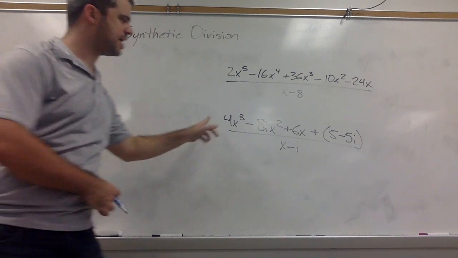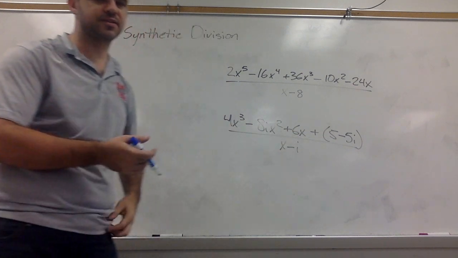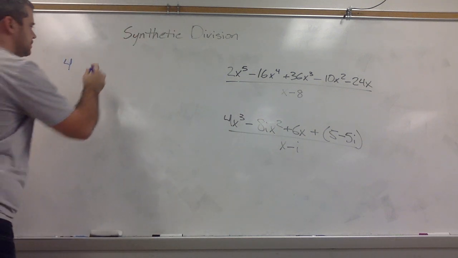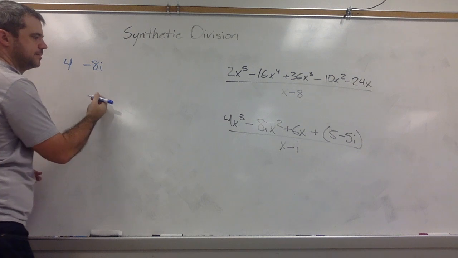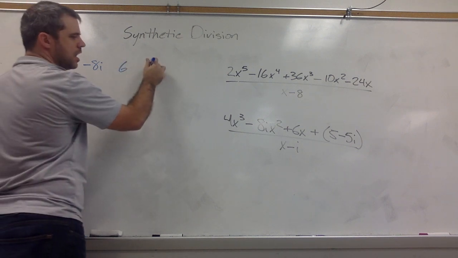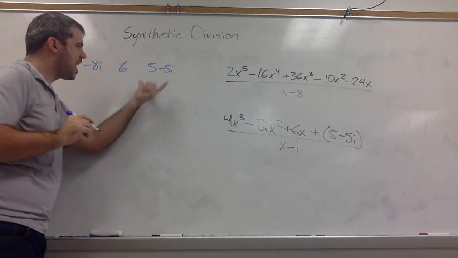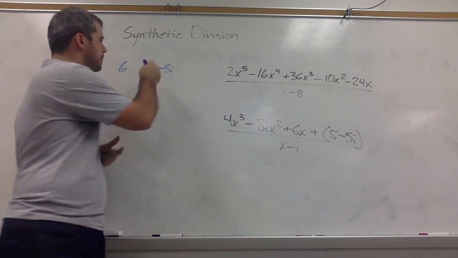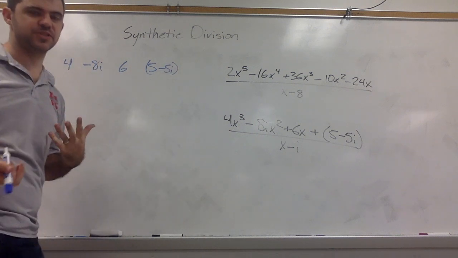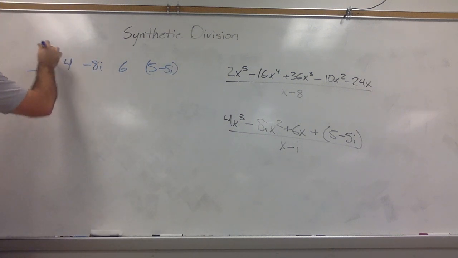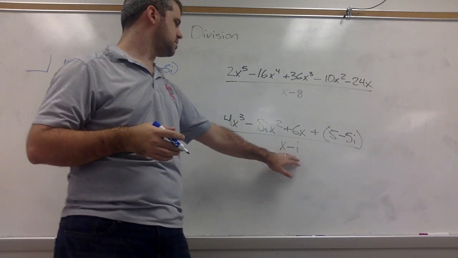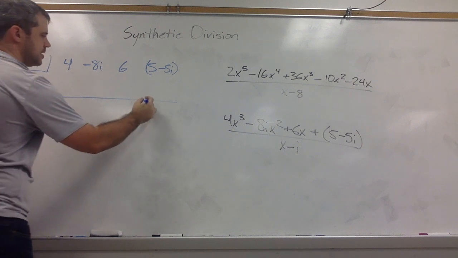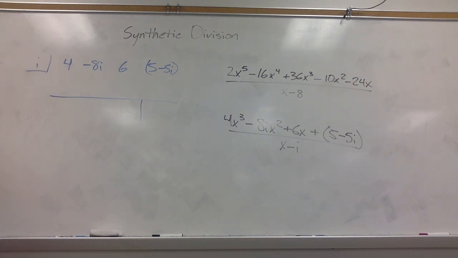All right, let's try a nasty one that's kind of got some complex stuff in there. So I've got, for my coefficients, 4, negative 8i, 6, 5 minus 5i. I know this doesn't feel like a number, but remember, this is a complex number, even though it looks like it's 2 terms. And we're going to divide by i. That's going to be the root that we're going to check here.